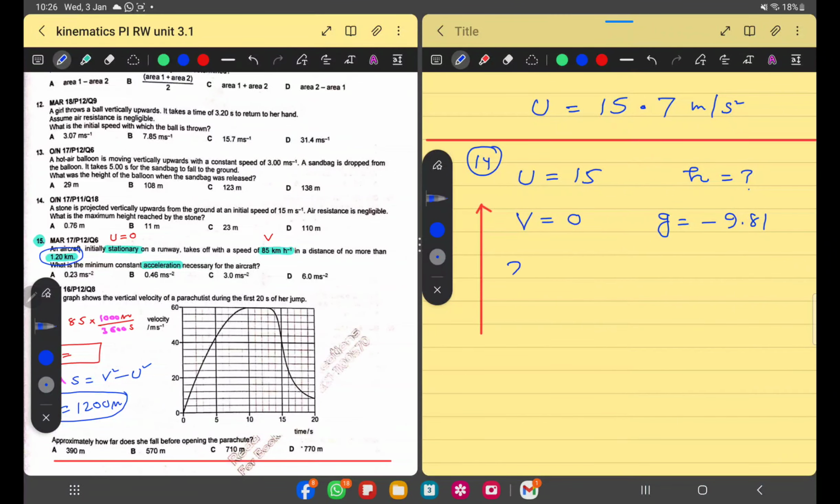So no time is given in this question, so we can use the third equation of motion: 2gh equal to v square minus u square. You have to calculate height. Final velocity is 0, initial velocity is 15, gravity is 9.81.